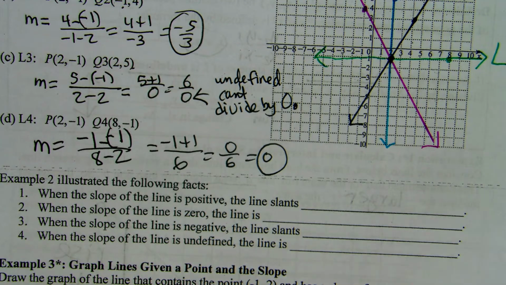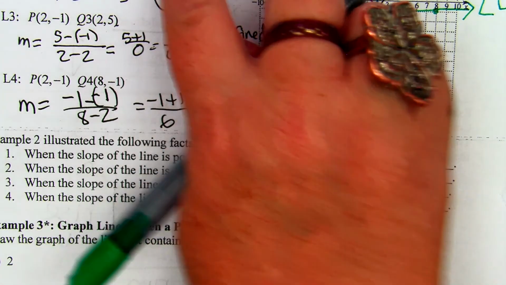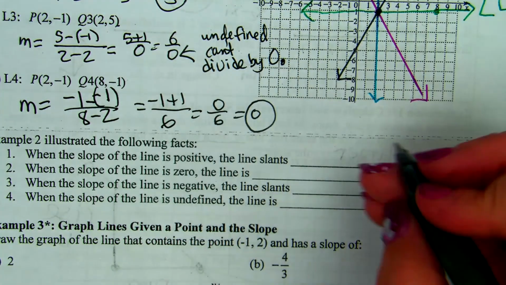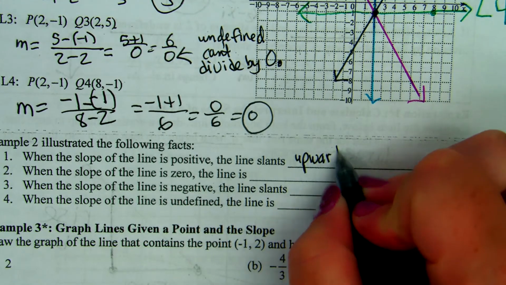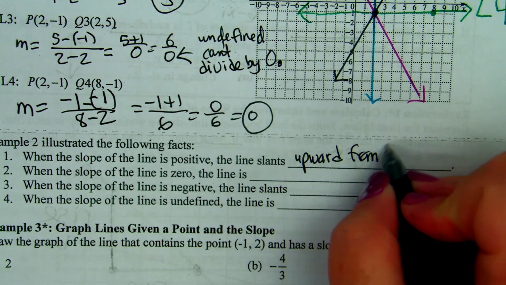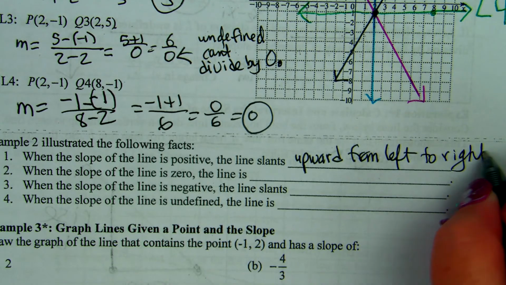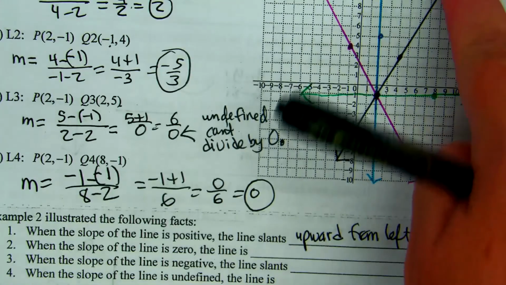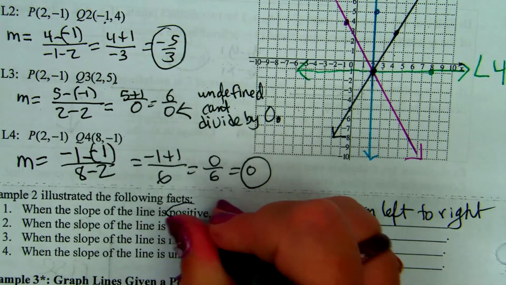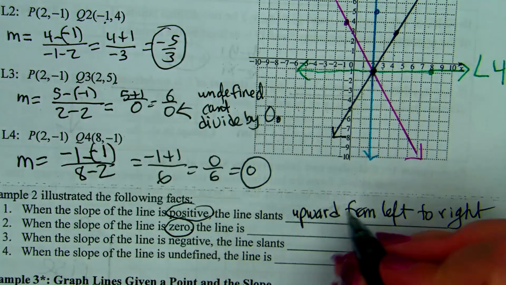And what this illustrates is when the slope of a line is positive, like in A, line 1, the line slants upward from left to right. Right? It's going upward from the left to the right. If the slope of a line is 0, that was this one, what kind of line is it?